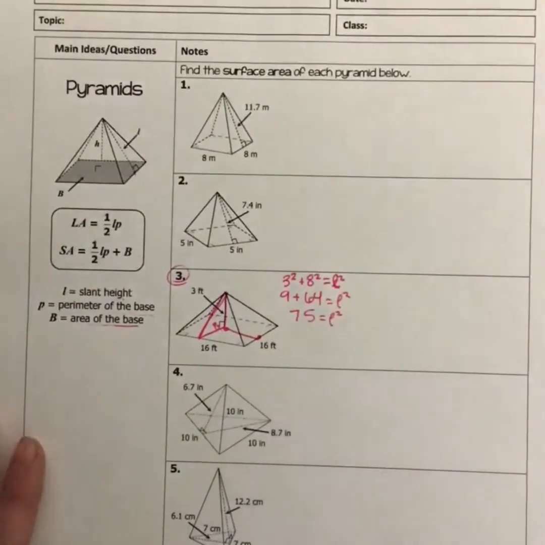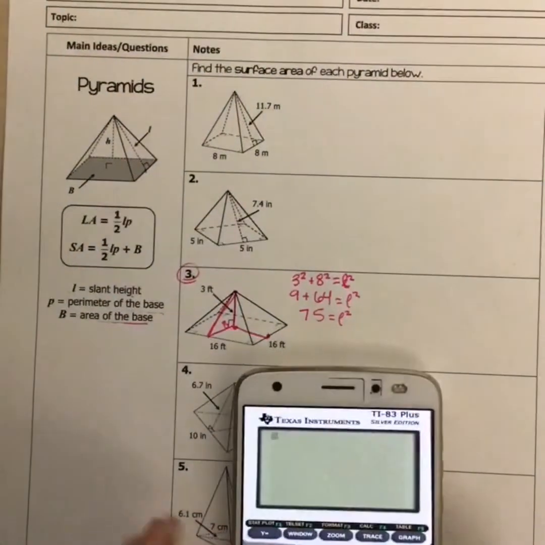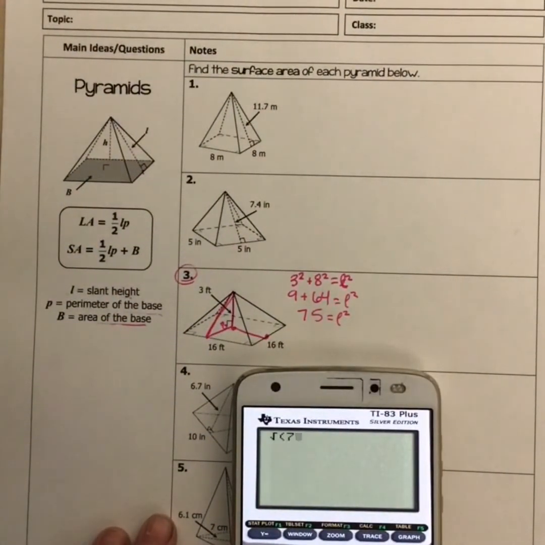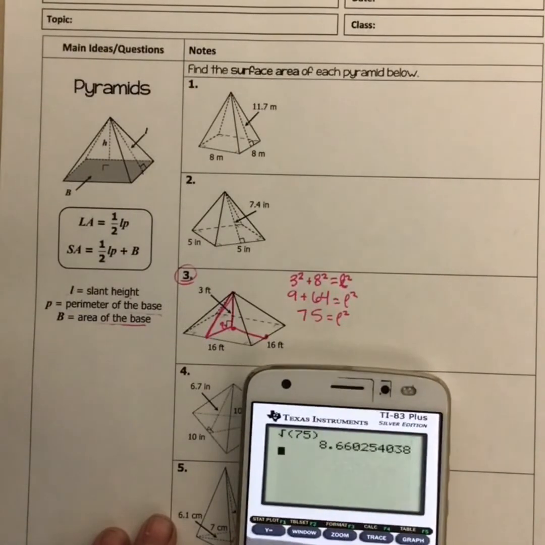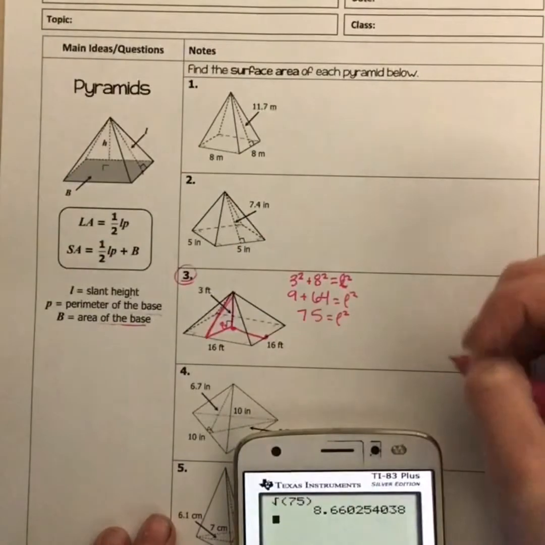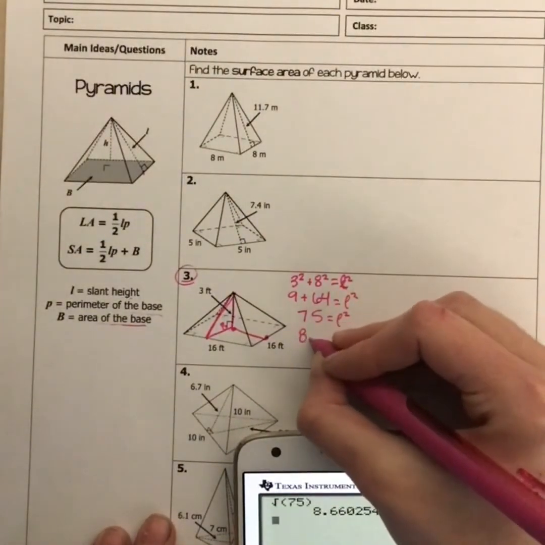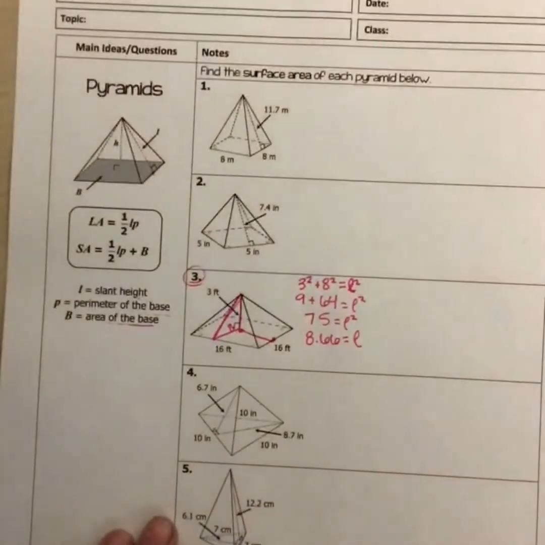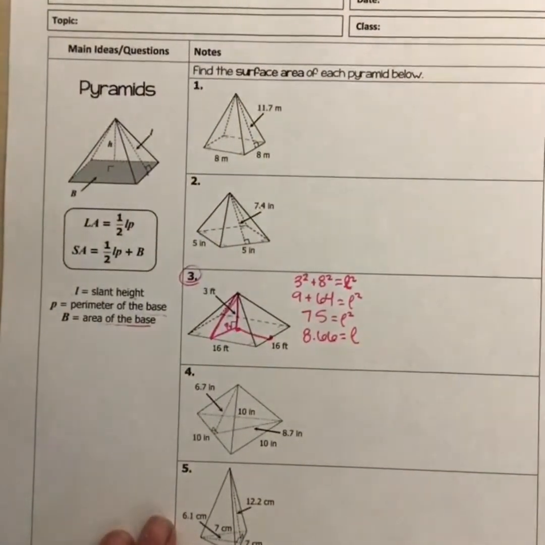But I don't want L squared, I want just L. So if we take the square root of 75, it's going to be 8 point something, and we get 8.66. I'm going to keep that extra decimal place just to be a little bit more precise.